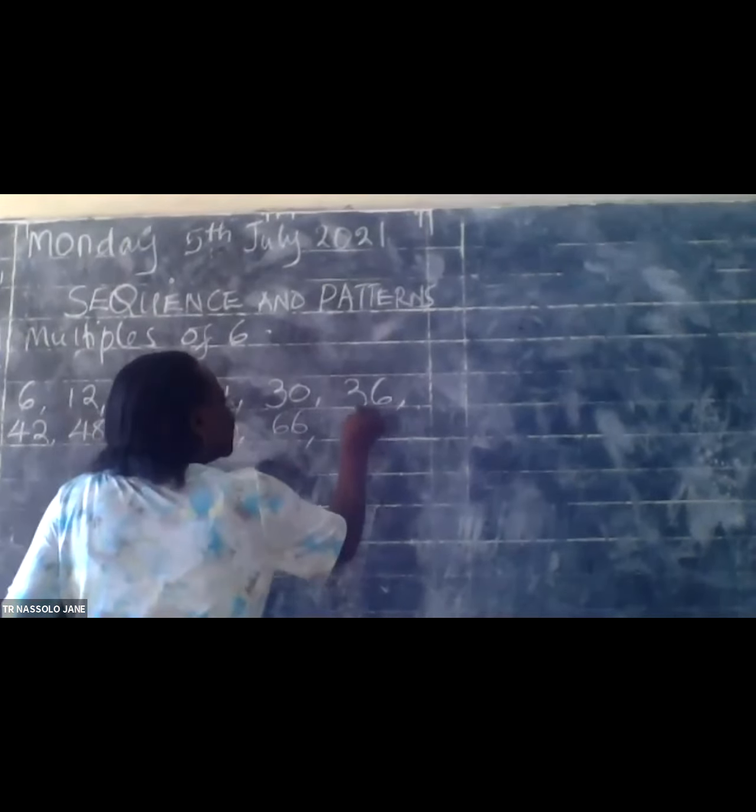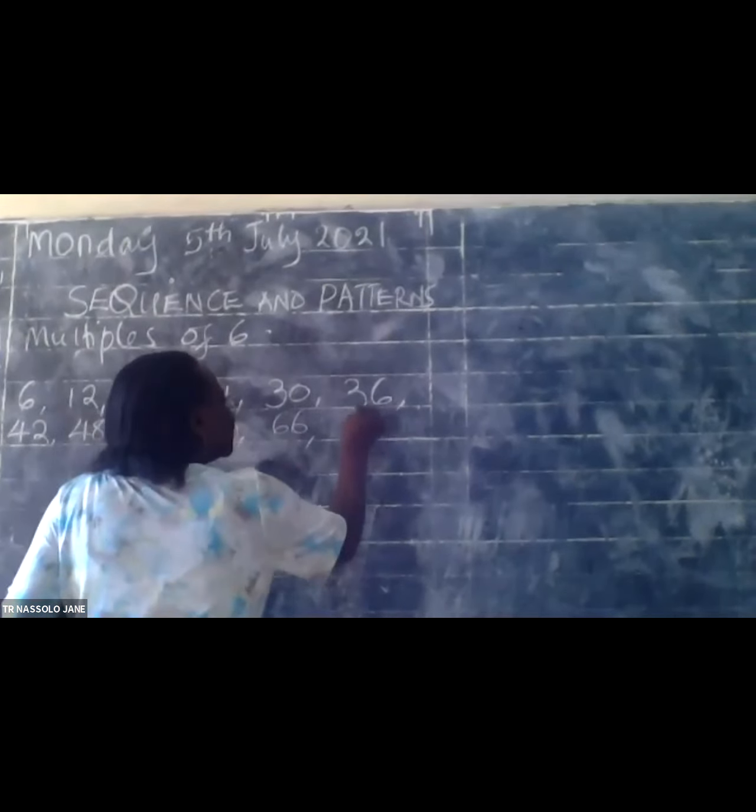You still get the multiple. What is the 12th multiple of 6? 72. The 12th multiple of 6 is 72.